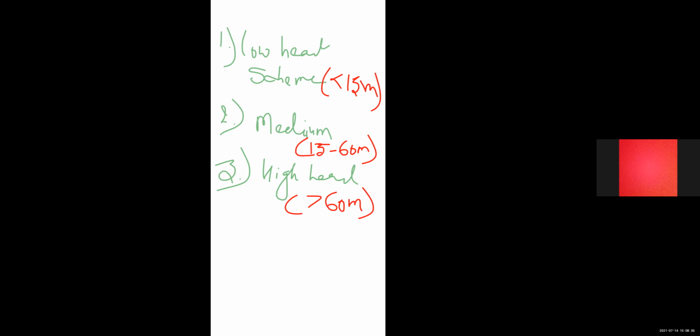A medium head scheme is one which uses water head varying from 15 to 60 meter, and a dam is essential for this scheme. Dam reservoir is essential, and this scheme has features somewhere between the low head scheme and high head scheme.